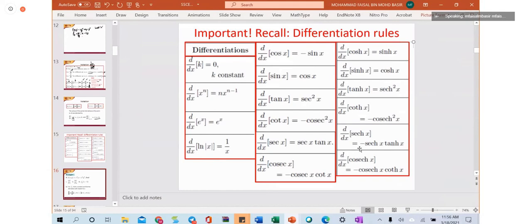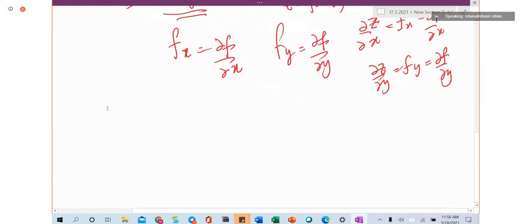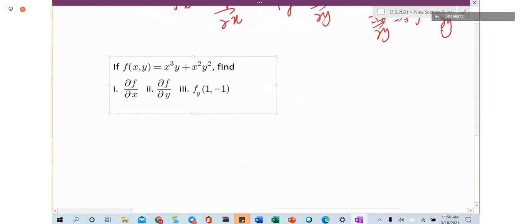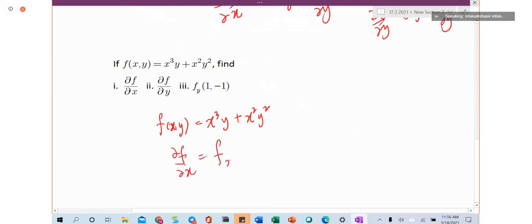Find this: if f(x,y) equals this function, find f_x. If f(x,y) equals x cubed y plus x squared y squared, what is del f over del x, or f subscript x?